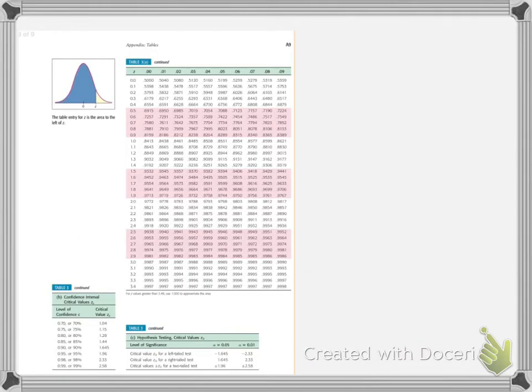Let's first assume the cutting line is Z equals 1.82. The blue area in table 3 means the probability Z is less than or equal to the cutting line.